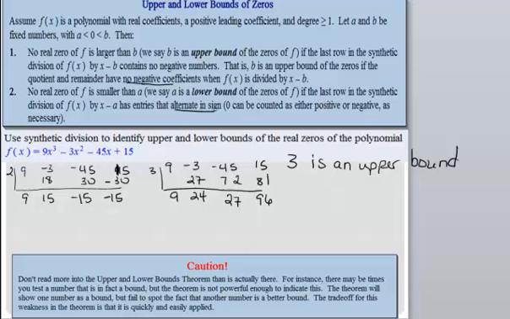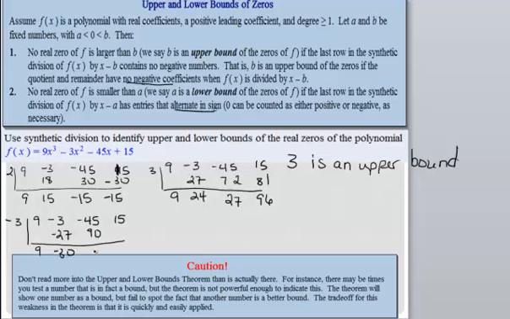Let's try a negative 3. Let's see if that works. That would be negative 27, negative 30.